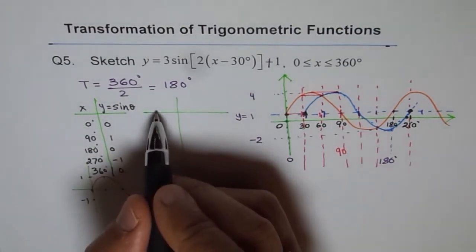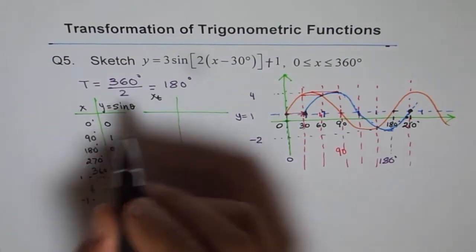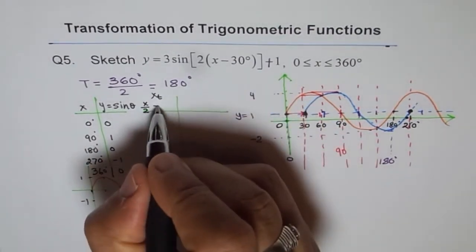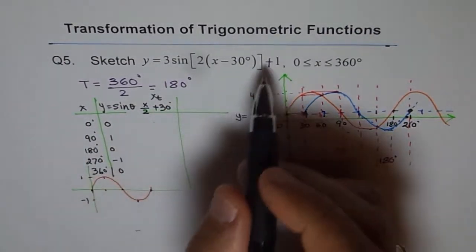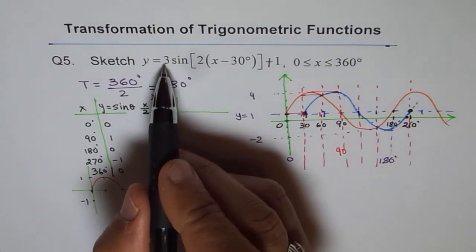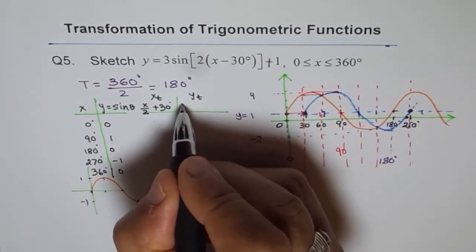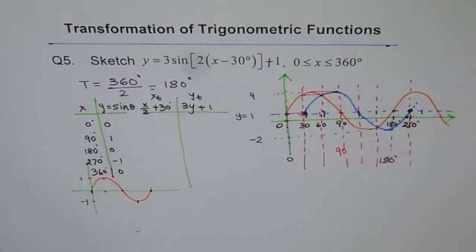What happens to them in the transformed function? The transformed x values will be the original x divided by 2, and then add 30 degrees to it. You get the x values of these points. For the y values, you need to multiply by 3 and add 1. So the transformed y value will be 3 times y plus 1.